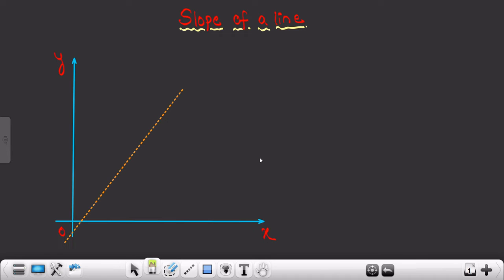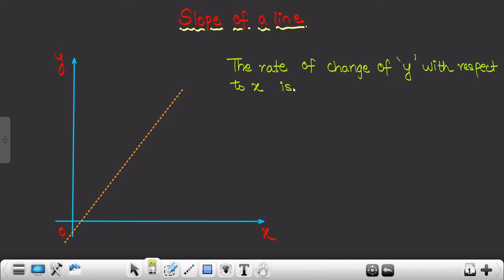The rate of change of y with respect to x is known as slope of line, or slope in general.